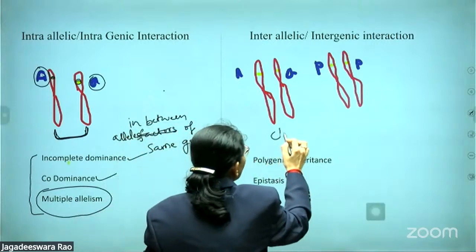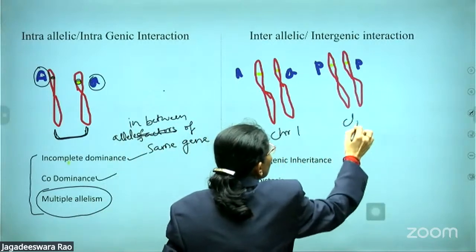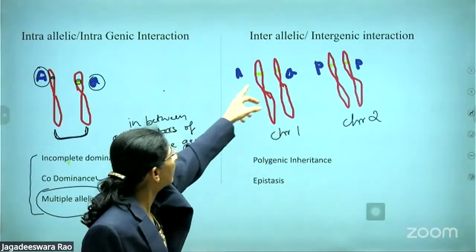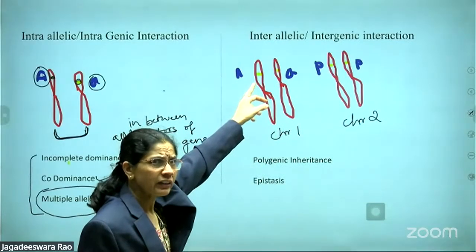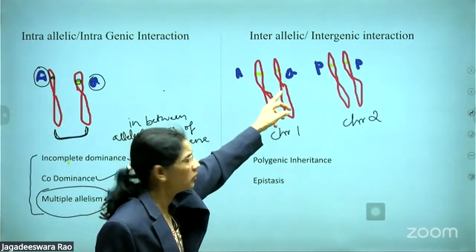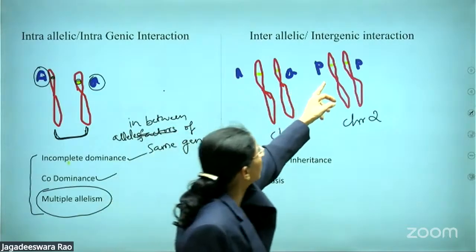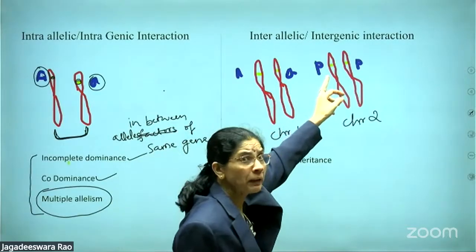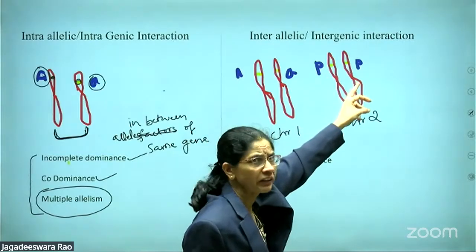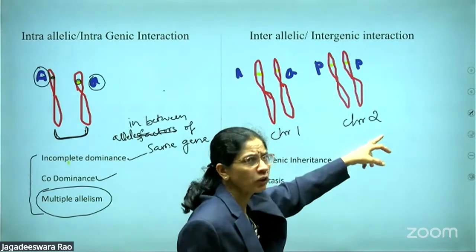is chromosome number 1, this is chromosome number 2. In chromosome number 1, we have observed there is a gene for expression of axial position and terminal position of the flower. Here you see, if it is for purple colored flower and white colored flower, that is in the second chromosome.